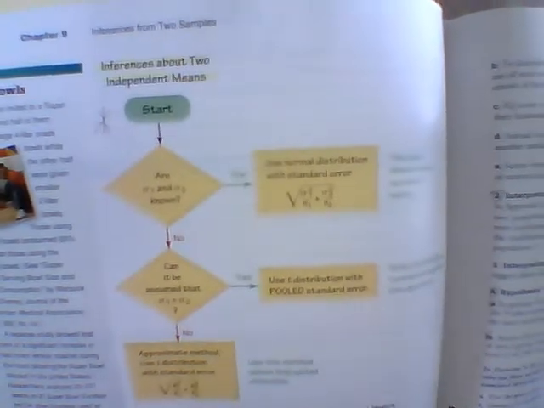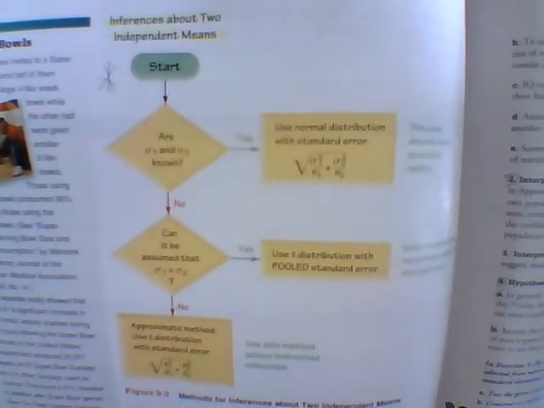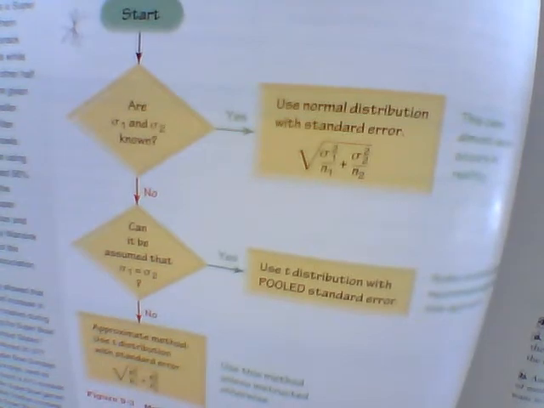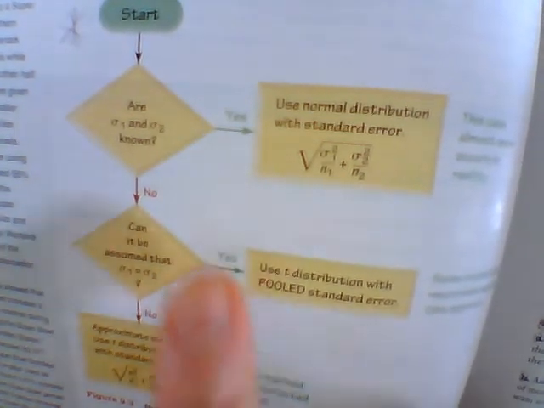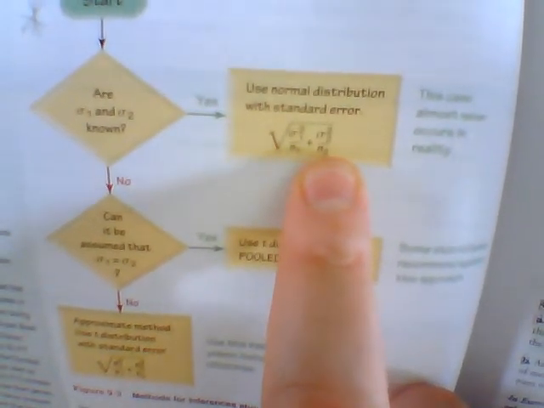So they have this nice little flow chart. Inference is about two independent means. First thing we look at: are sigma 1 and sigma 2 known? If they are known, we're going right into our Z test in here.